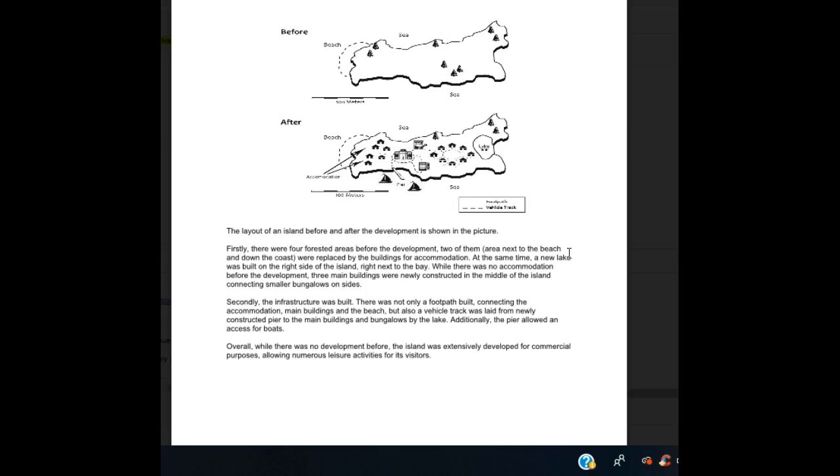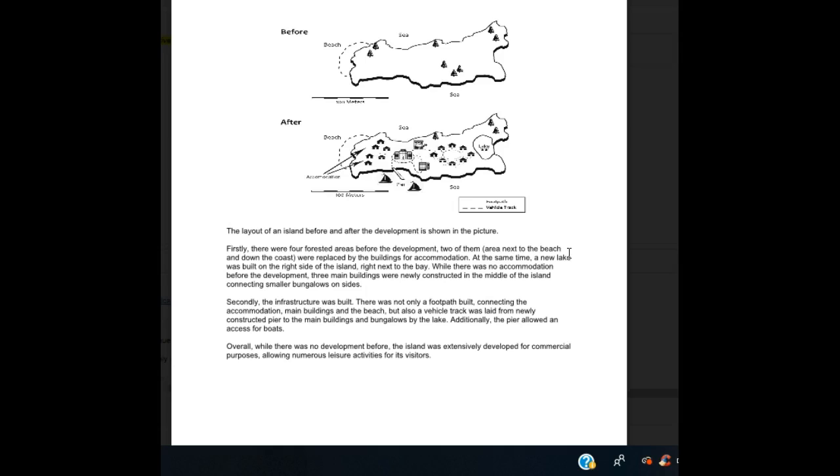"All right, so at the same time, a new lake was built on the right side of the island, right next to the bay. While there was no accommodation before the development, 3 main buildings were newly constructed in the middle of the island, connecting smaller bungalows on sides. Okay. Secondly, the infrastructure was built.